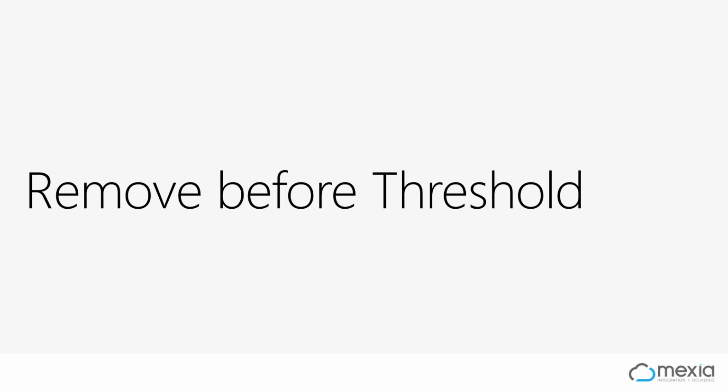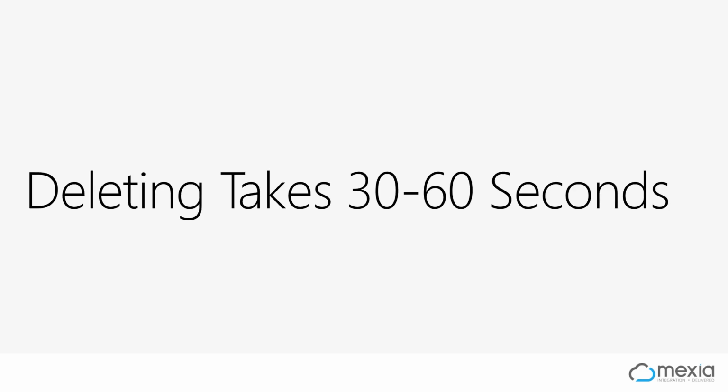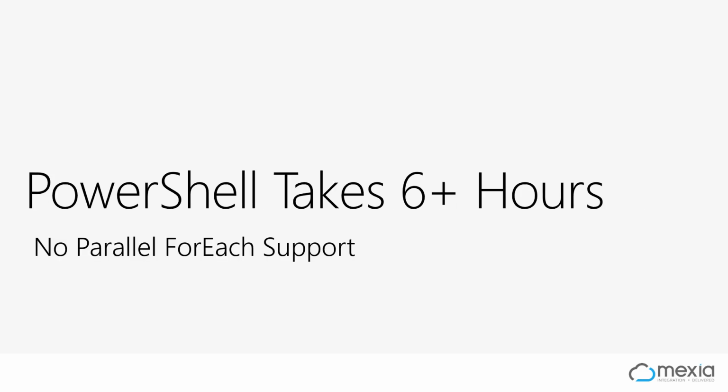But it's also a good idea to copy that deployment history somewhere else for future tracking purposes, right? PowerShell doesn't support it. And the fun fact is, deleting each deployment history takes about 30 to 60 seconds, so deleting 800 takes more than 6 hours.